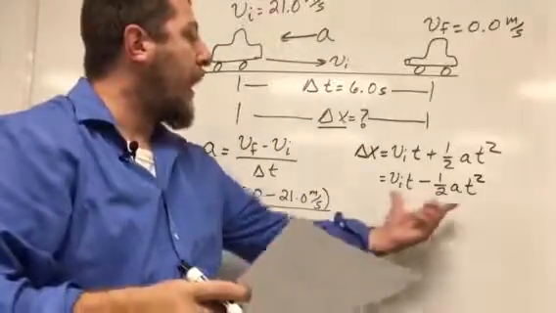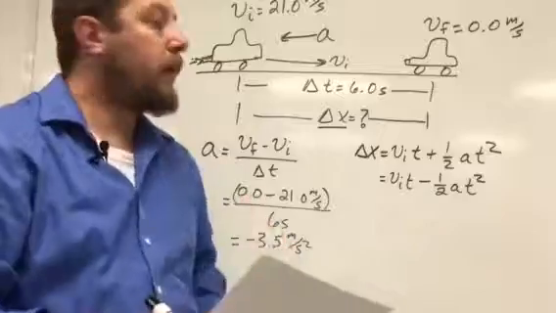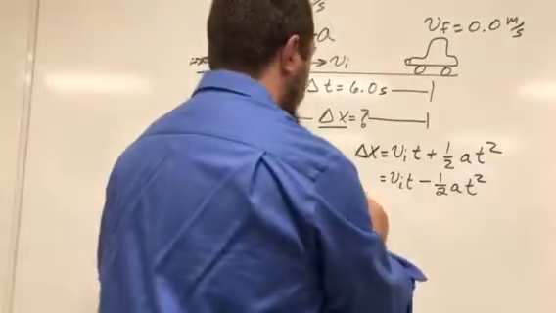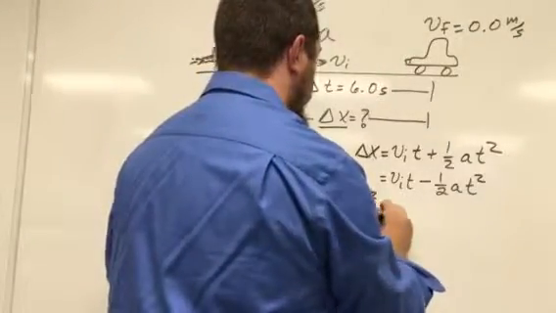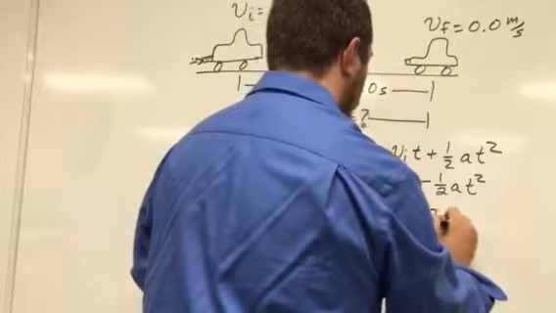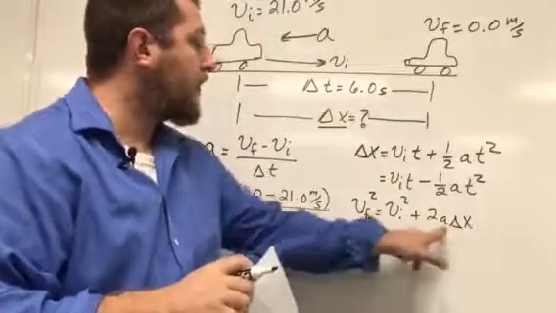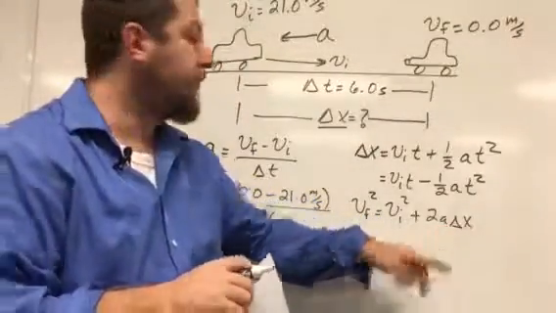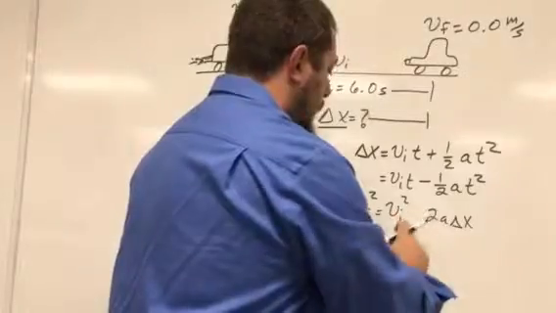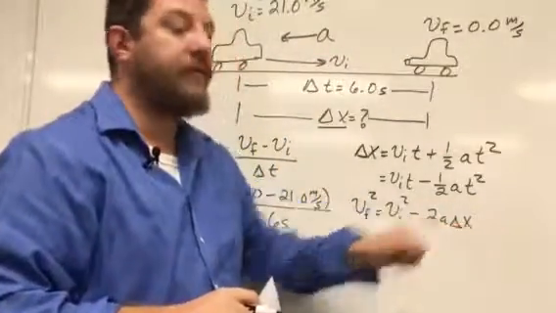So I can now plug my numbers into this equation. Or I can even plug them in to this equation. And again, I can note that my acceleration is negative. And then I can solve this equation for delta x.